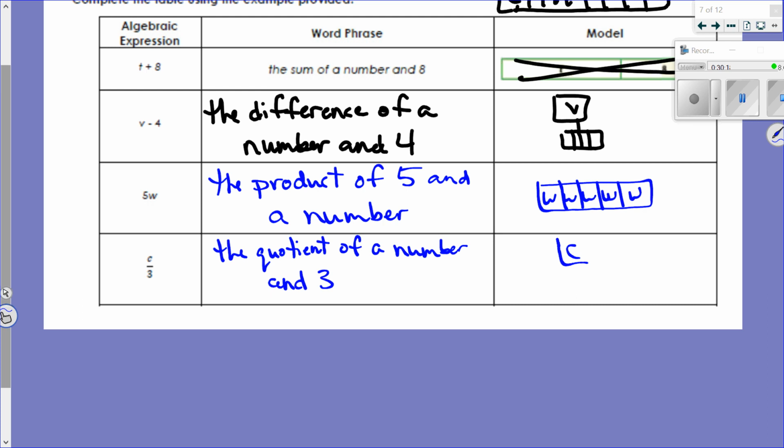And this is what I heard a lot of people questioning. It's just the C, the 3 on the bottom with a circle around it showing I'm dividing that C into groups of 3. Make sense? Do you have to have a circle? Yeah, the circle shows the division. There's another way to do the model. It's called a partitive model, but I don't want to confuse you guys by doing different models.